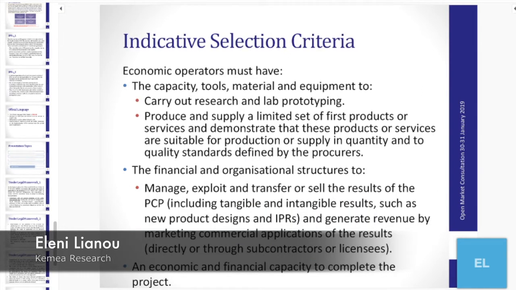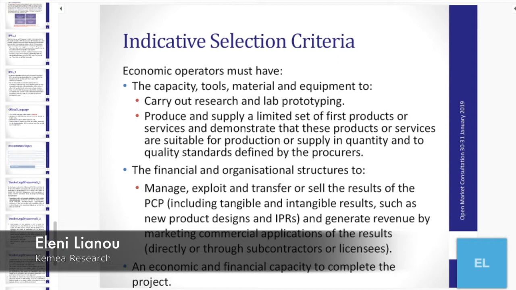Moving to the indicative selection criteria, economic operators must have the capacity, tools, and material equipment to carry out, of course, research and lab prototyping, produce and supply a limited set of first products or services, and be able to demonstrate that these products or services are suitable for production or supply in quantity, and to quality standards defined by CHEMEA and the other procurers.